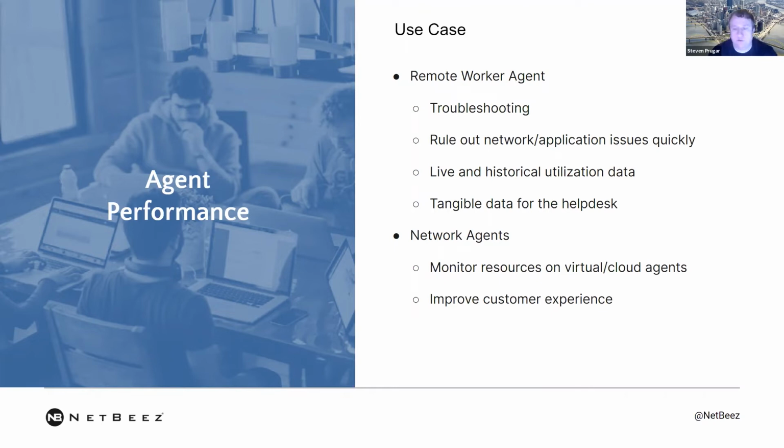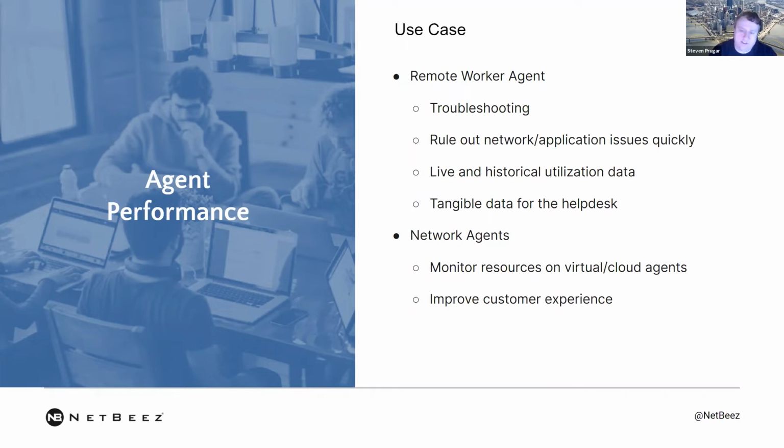NetBeez is a great tool for help desks, but a lot of times the help desks may not be fully part of the network team, and might be separated a bit. Giving them full access to NetBeez, or some access to NetBeez, doesn't have a lot of value to some companies. So now we're meshing the CPU and memory of remote users with the network performance, which could really bring the help desk team into using NetBeez more and give them another tool they can use as well.